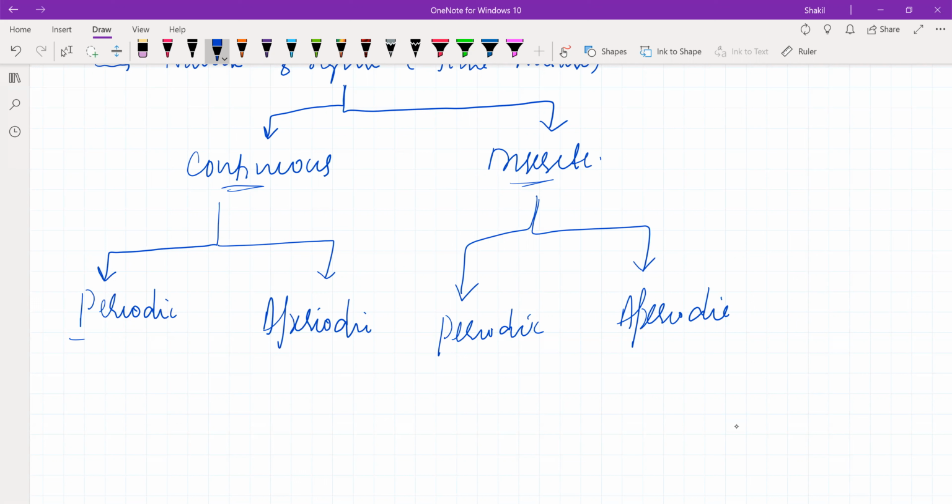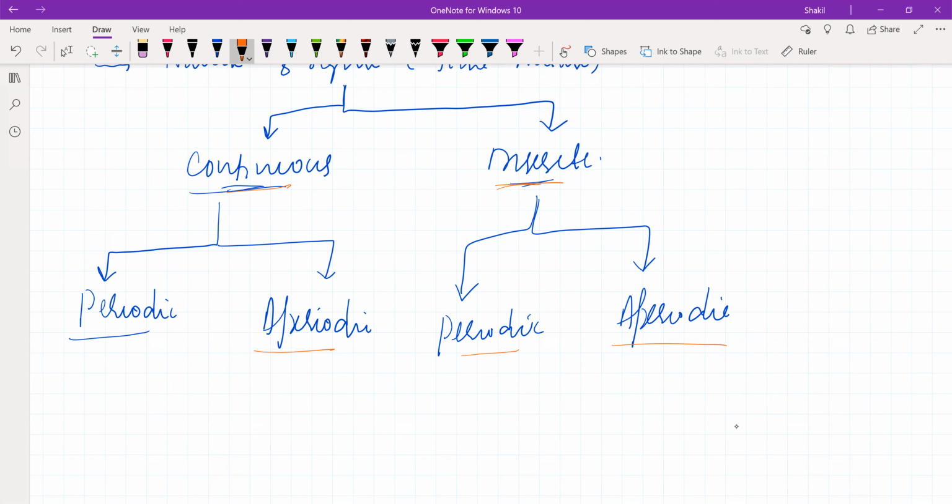If the signal is periodic and continuous, we'll have one Fourier representation. If the signal is aperiodic and continuous, we have another. If it is periodic but discrete, we have another. And if it is aperiodic but discrete, we have another Fourier representation.